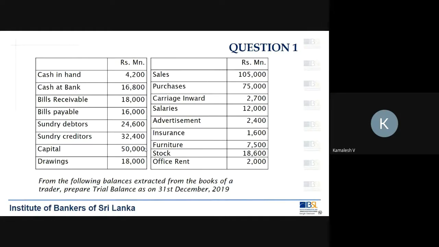And now you know, based on the concept of normal balance, each balance, whether it is a debit or a credit. So can you now put it into the two columns? Debit column and the credit column? Quickly. I'll give you 2 minutes. Quickly.